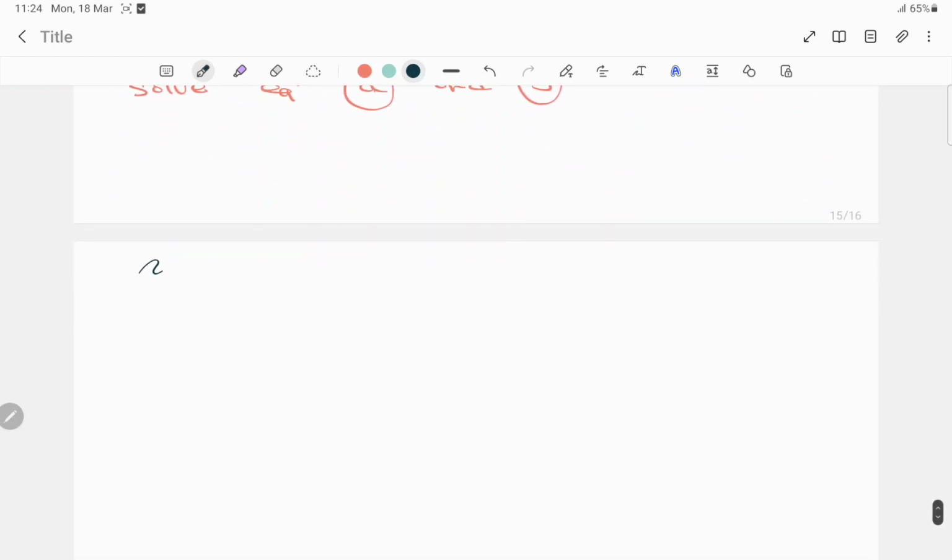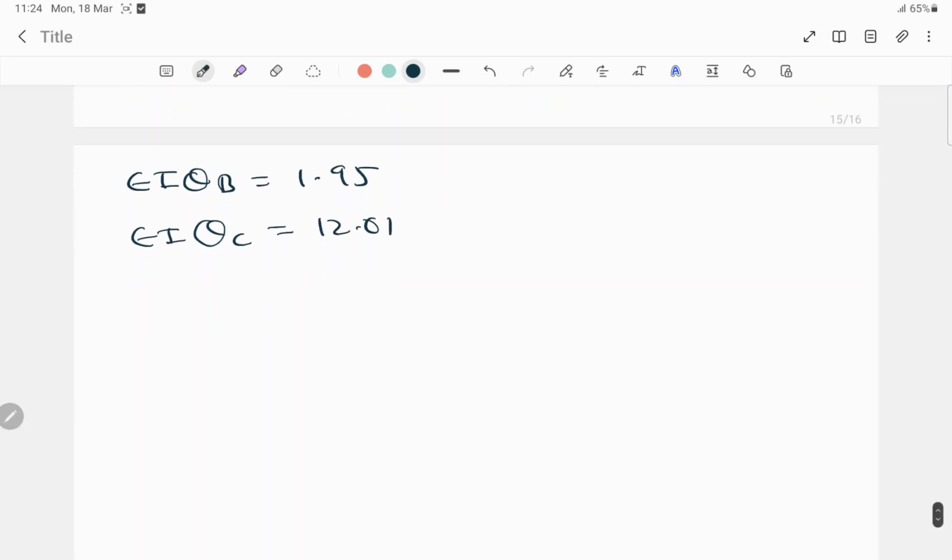We'll get EI theta B is equal to 1.95 and EI theta C is equal to 12.01. Now the fourth step, find the final moments.